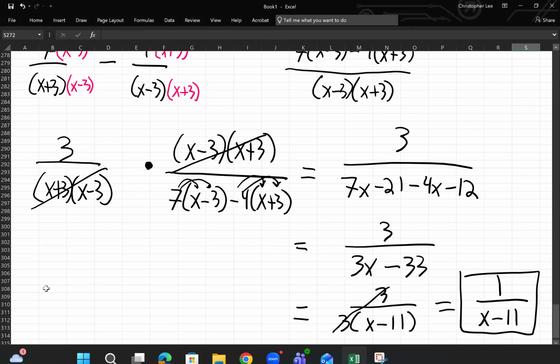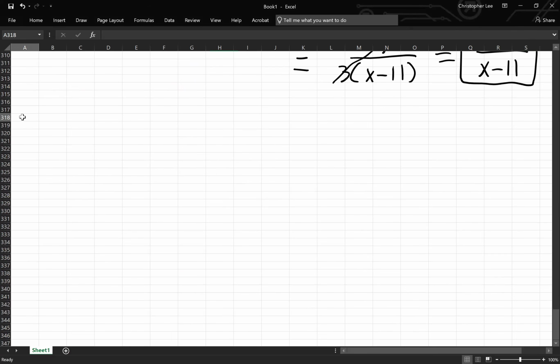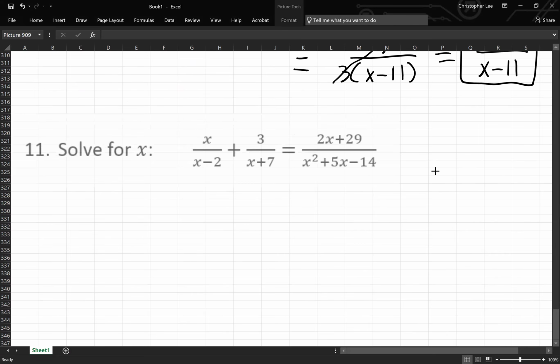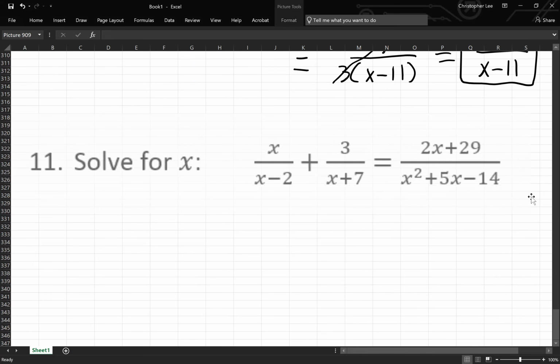So now you see like this question here, right? This is question 11 on your final. This is an equation. So you see how it's like blah, blah, blah equals something else?